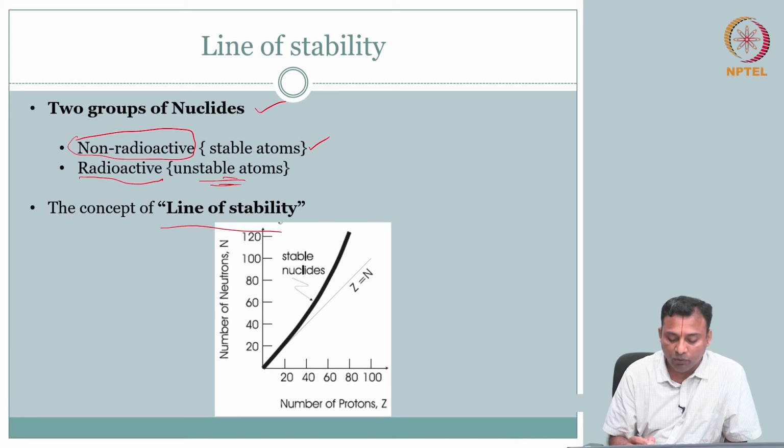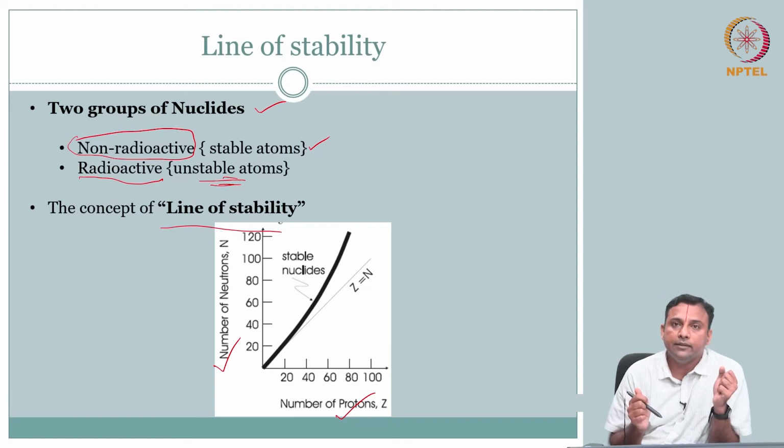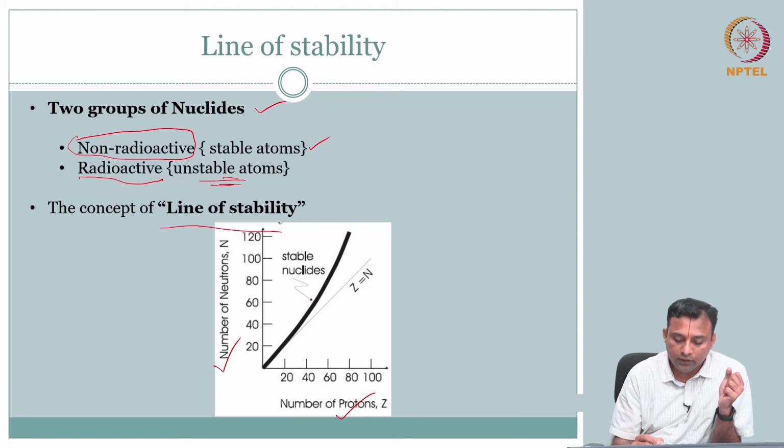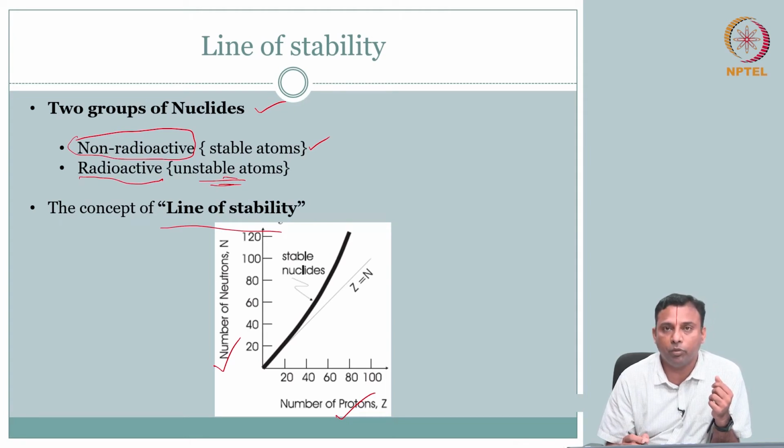This is a plot between the number of protons and the number of neutrons, the two constituents of your nucleus. For a smaller atom, it is probably along the line. But as the number of protons increases and the element becomes heavier, the number of neutrons should be slightly more than the number of protons in order to be stable. So these are stable nuclides.